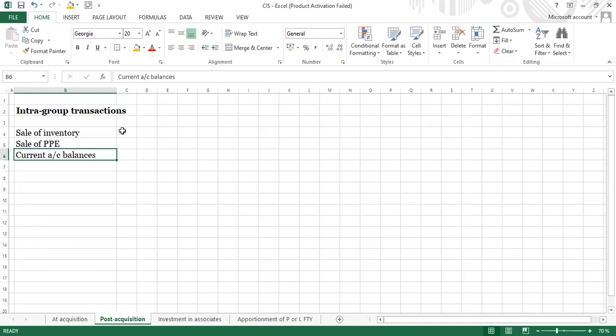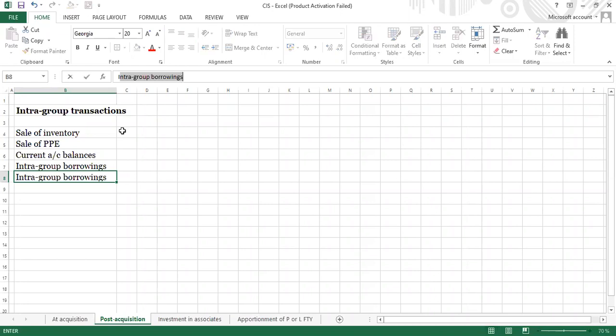Apart from current account balances, we also have intra-group borrowings. That's the parent lending money to the subsidiary or the subsidiary lending money to the parent. It could be either way. One person is borrowing, the other person is lending.